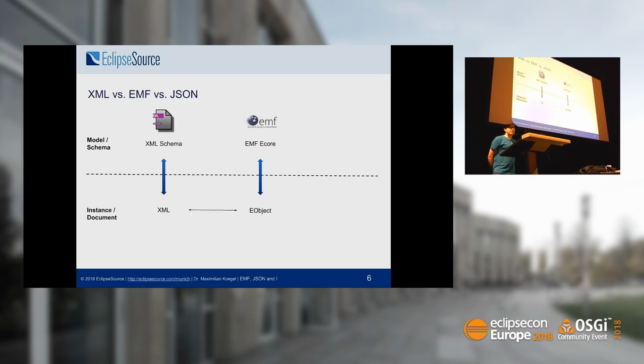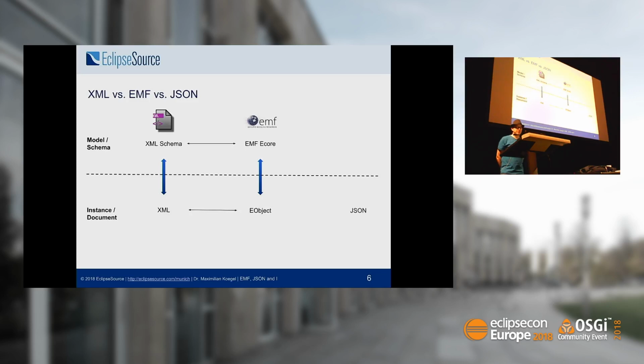That XML is hopefully conforming to an XML schema. And there's also a way to synchronize that. So if you have an Ecore, you can create an XML schema out of that Ecore that just describes the very same thing, and vice versa.